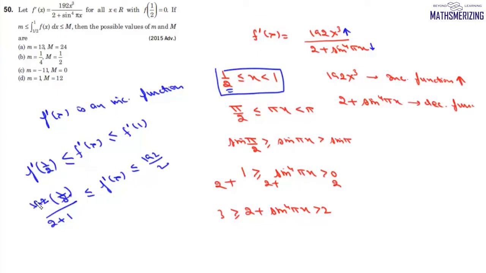So here it will be 24 by 3, which is 8, and here it will be 96. So we can write the value of f dash x will lie between 8 and 96.